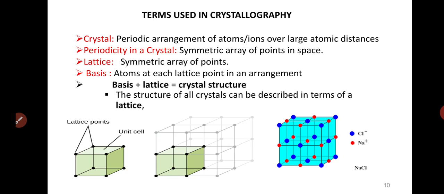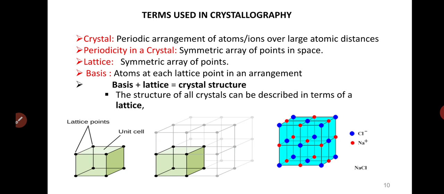Now we can see one example, sodium chloride. These sodium and chlorine atoms are arranged periodically, means there is a periodicity in the atoms of sodium and chlorine.